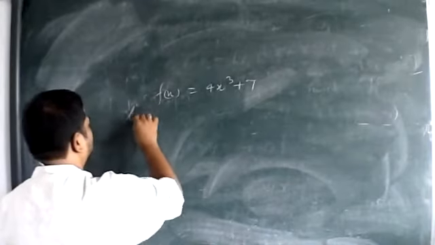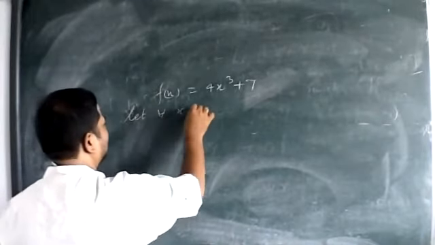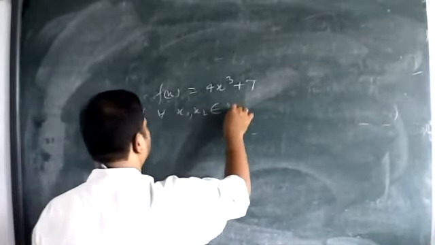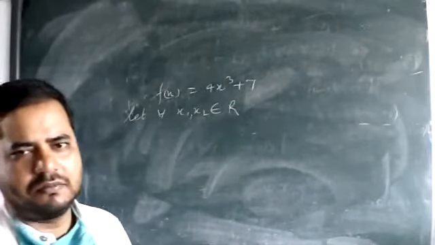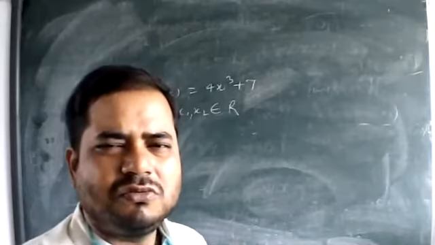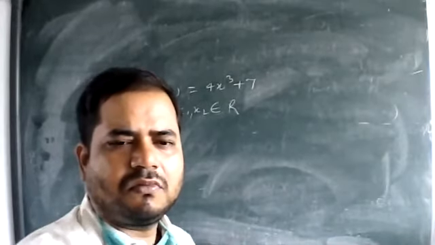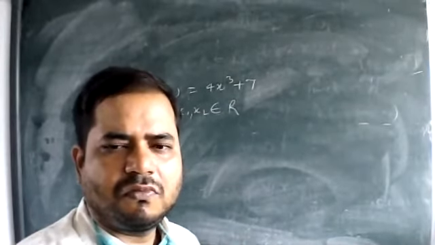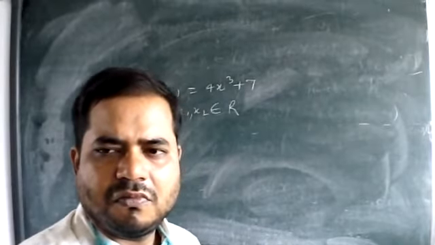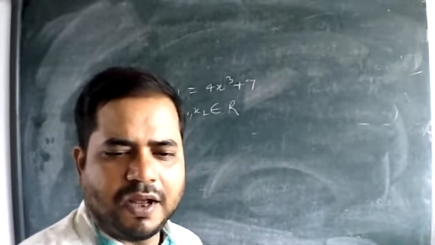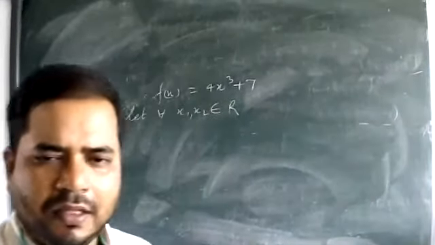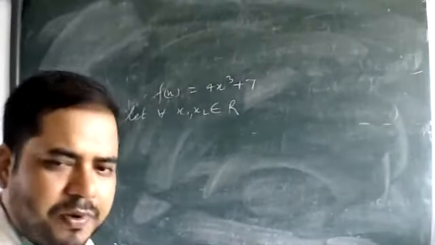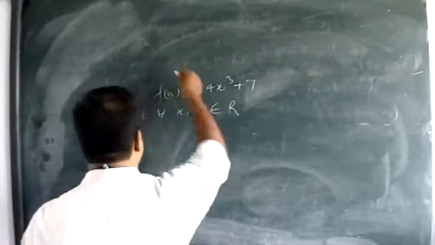For each x1, x2 belongs to real number. Why? Because function is from R to R. For each x1, x2 belongs to real number because function is what?